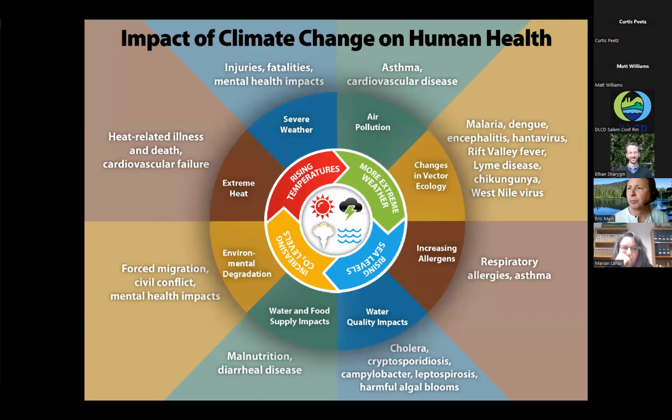Okay, I actually borrowed this slide from the CDC just to show how natural hazards from climate change affect human health. Different climate drivers, including increasing temperatures, precipitation extremes, extreme weather, and rising sea levels affect health through a range of exposure pathways, including extreme heat, poor air quality, reduced food and water quality, changes in infectious agents, and population displacement.